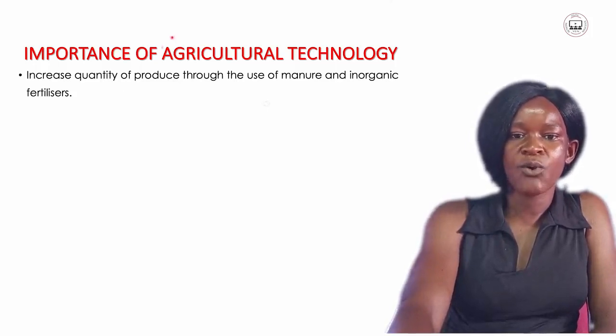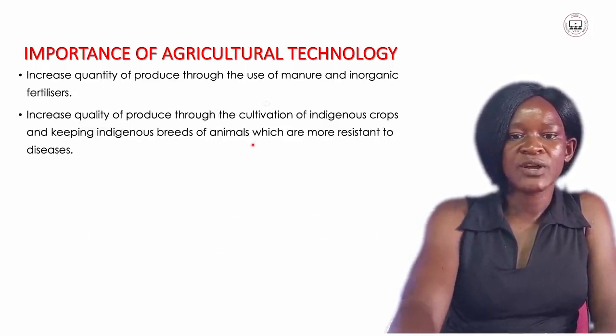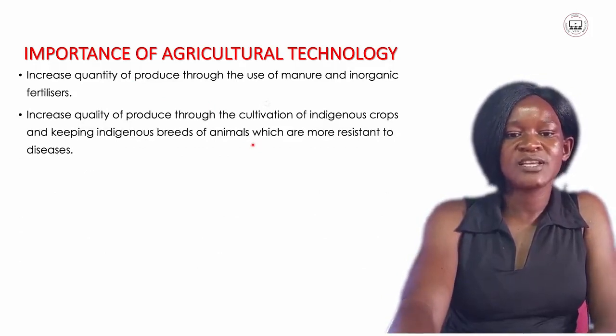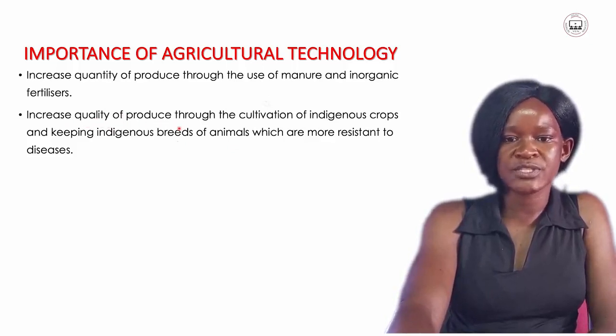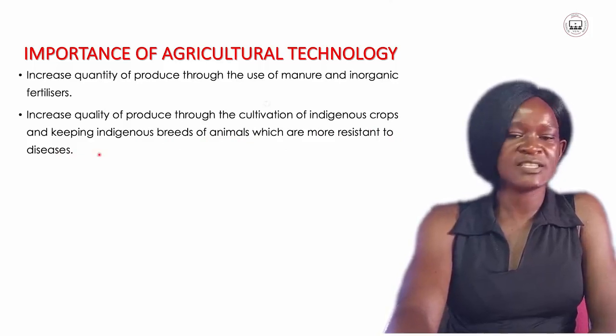So the use of those manure as well as inorganic fertilizer will boost quantity of produce. The next importance of agricultural technology is to increase quality of produce through the cultivation of indigenous crops and keeping indigenous breeds of animals which are more resistant to diseases.